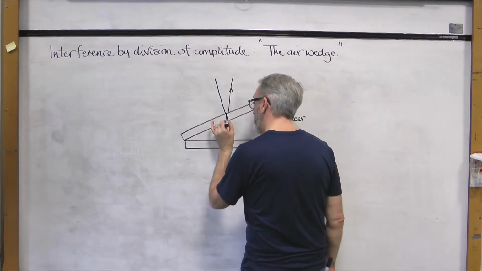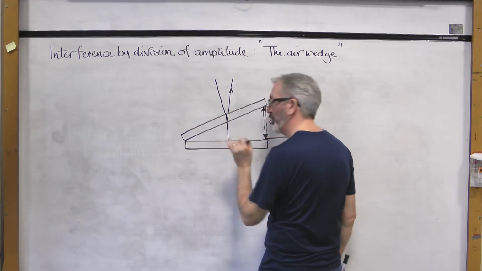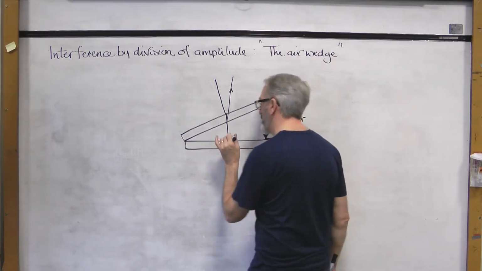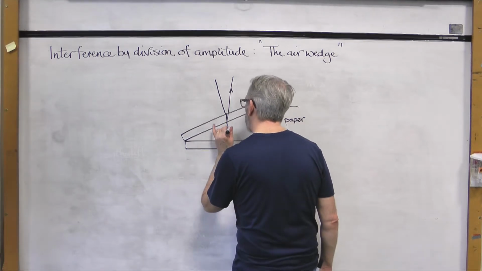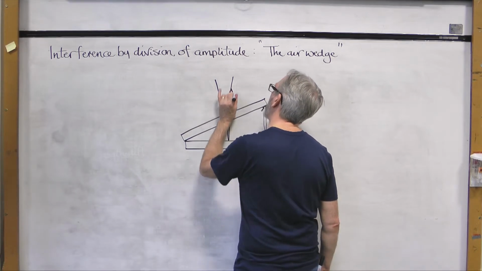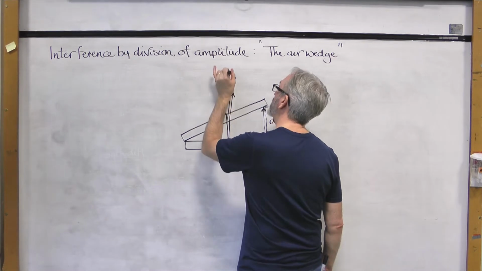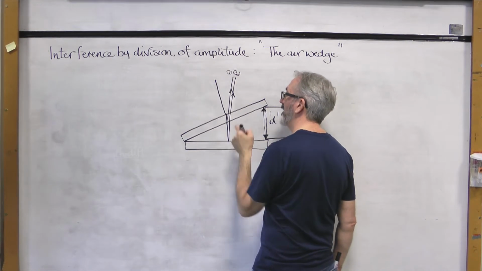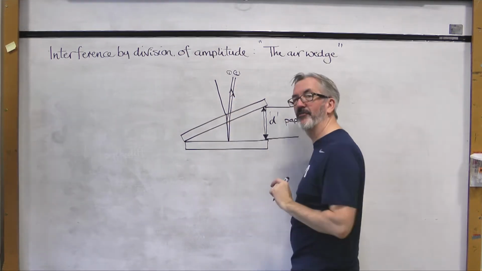But some of the light continues down through the air wedge, and it reflects off the top surface of the bottom glass. And that reflected ray comes back up and exits out. And these two, that reflected ray and that reflected ray, interfere with each other.